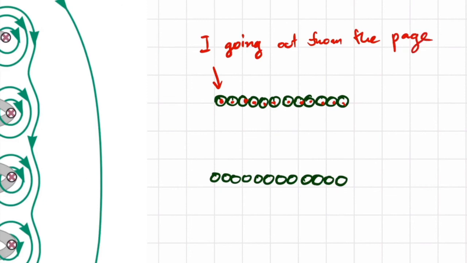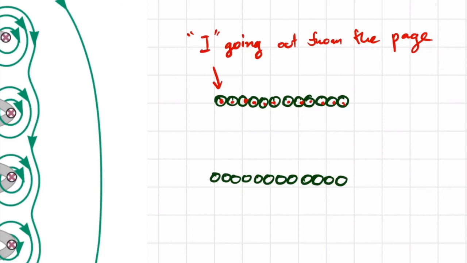Okay, so I'm not talking about the magnetic field, right? I'm talking about the current, but we use the same symbol for saying that the current is going out from the page, right?